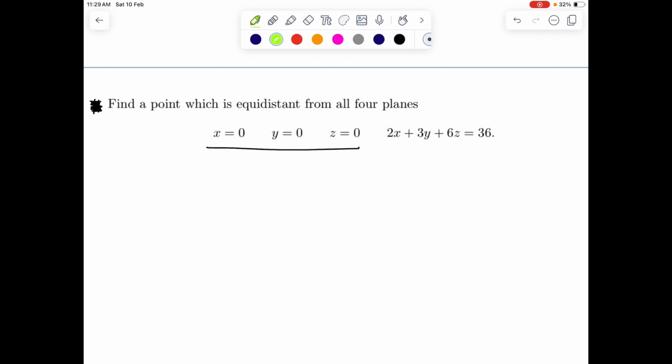We have to find a point which is equidistant from all the 4 planes. Now clearly any point which is equidistant from the x, y and z planes will have coordinates alpha, alpha, alpha.